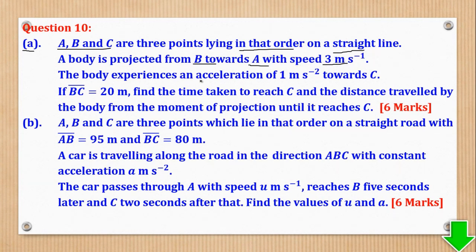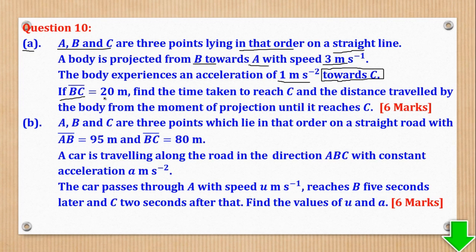The body experiences an acceleration of 1 meter per second squared towards C. Now this is what made the question tricky, because the body is projected towards A, yet the acceleration is directed towards C. We shall see how to deal with it.